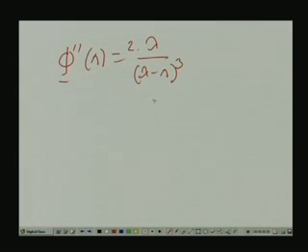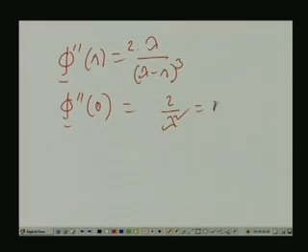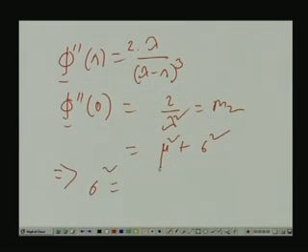The minus signs get cancelled with each other. So what happens to this function at s equal to 0? It is simply 2 by lambda square. This is m2, which is nothing but mu square plus sigma square. We have already seen mu is equal to 1 by lambda, so mu square is 1 by lambda square, which means sigma square is 1 by lambda square.